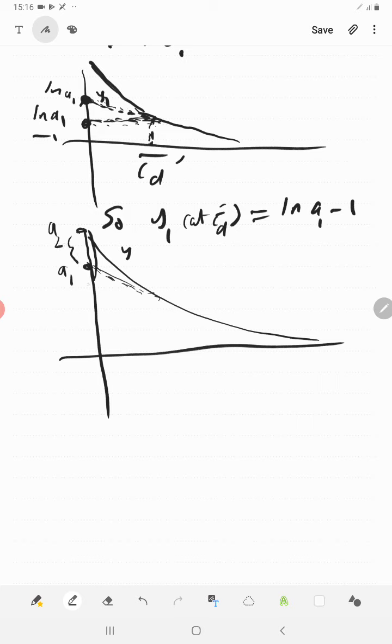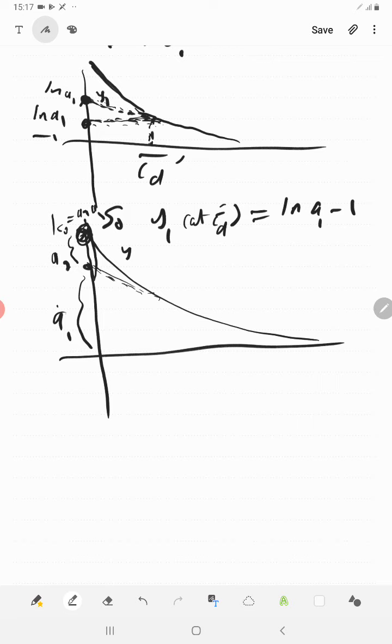Here is A1, and here is A2, and this point here, K naught, is called A1 plus A2. That's the original point.